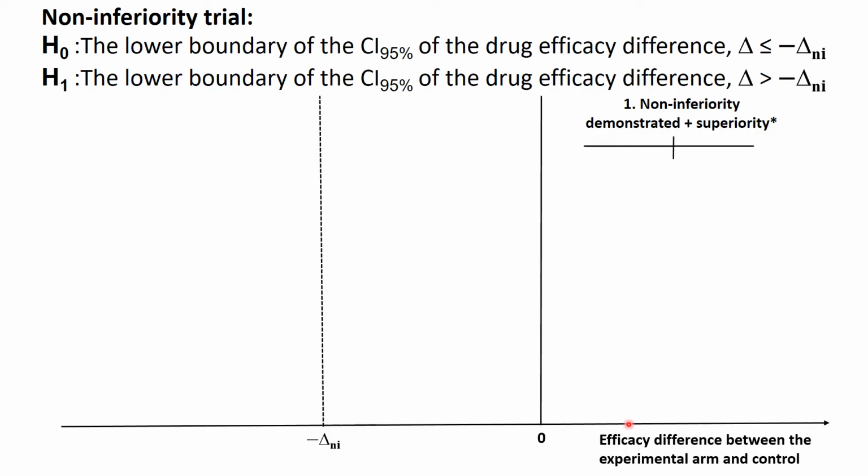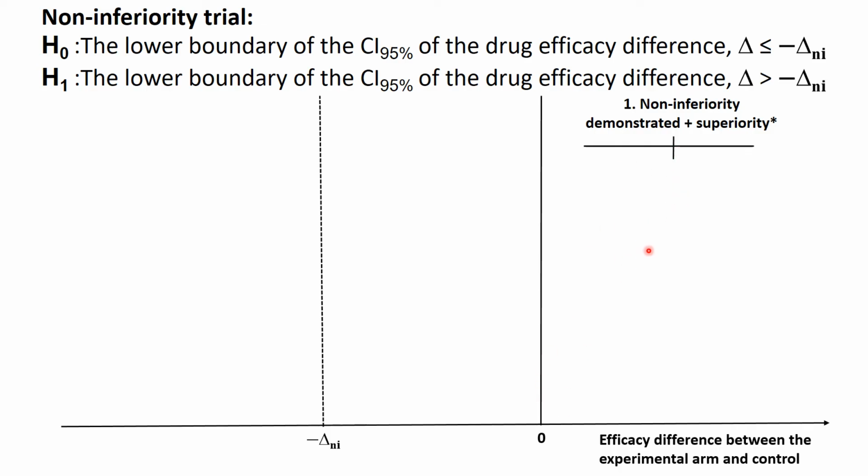But after point 0, it means that the new treatment is actually demonstrating non-inferiority, in the sense that it is greater than the non-inferiority threshold, but at the same time it's also greater than 0. You can see clearly that the confidence interval of the experimental arm, or the new treatment, does not contain 0.